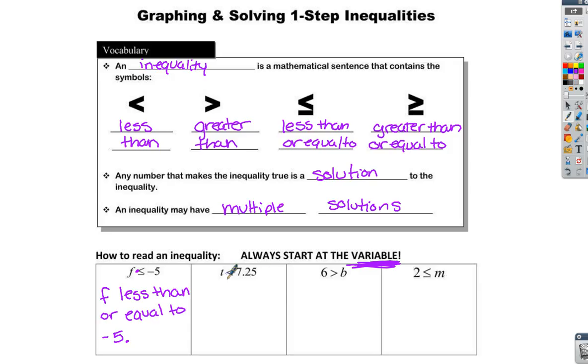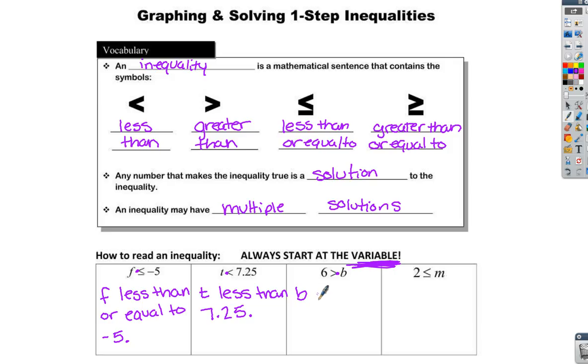The next one we have t is less than 7.25. We start with that variable every time, so t, the small side of our sign is touching our variable, so less than, little side less than 7.25. Next, we're always starting with that variable first, so b, we're looking at what side of our inequality sign is touching our variable, and it is the little side or the less than side.